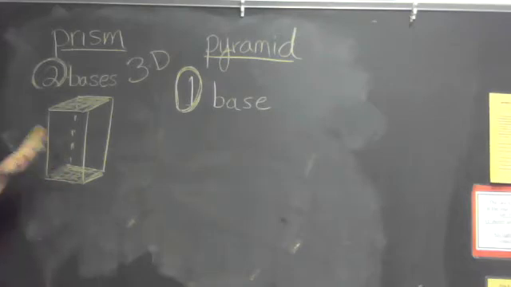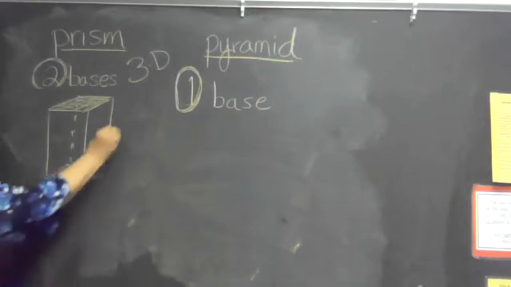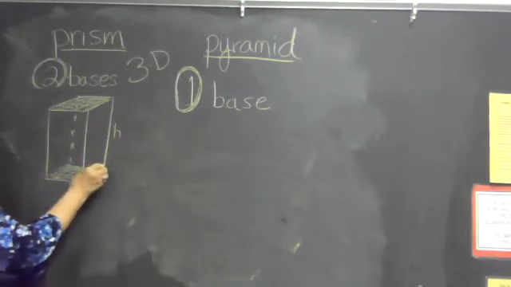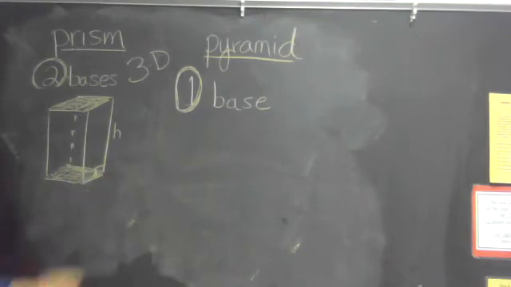And then the line that joins the two bases is going to be called the height, okay? That's going to be the height because in a rectangular prism, it's going to be perpendicular to the base, okay?